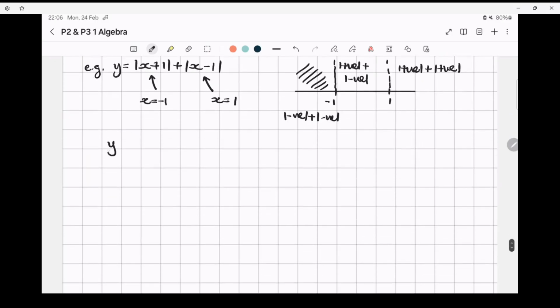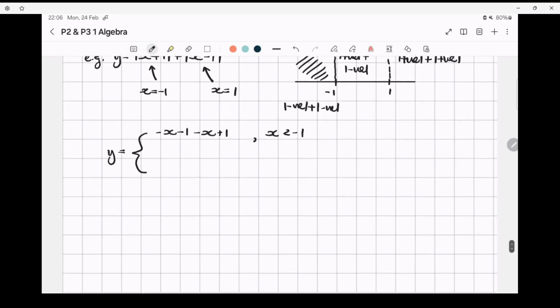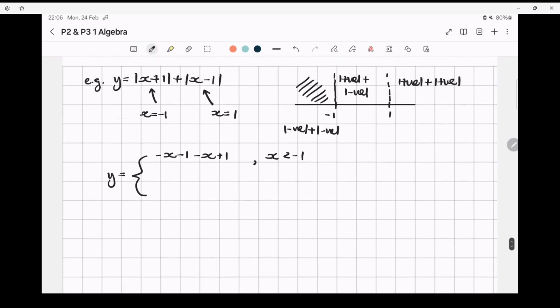So then you can break this down into 3 portions. So the first part is the negative part of the first part, and then sum with the negative part of second equations. So this happens when x is smaller than -1. Second portion is between -1 and 1.